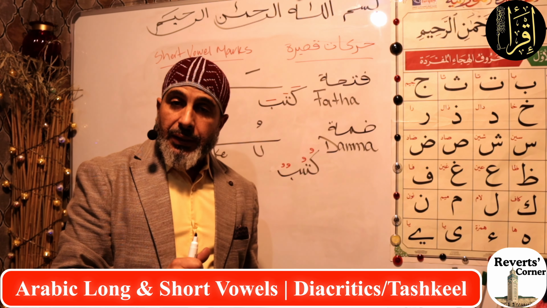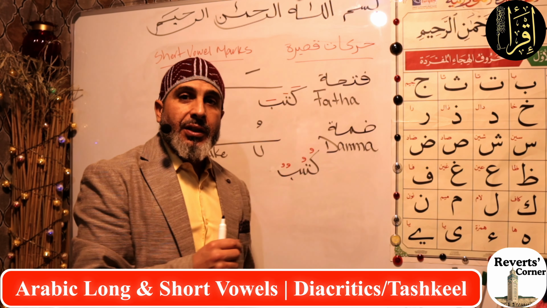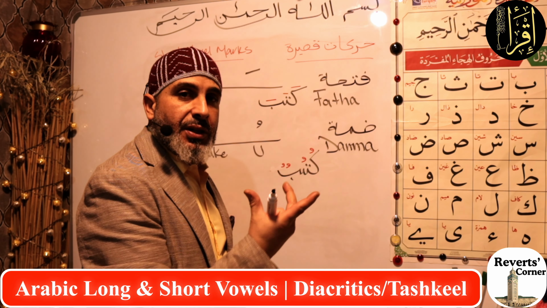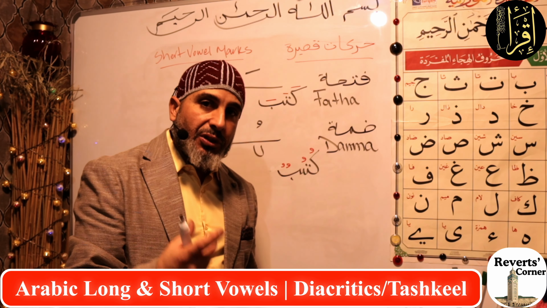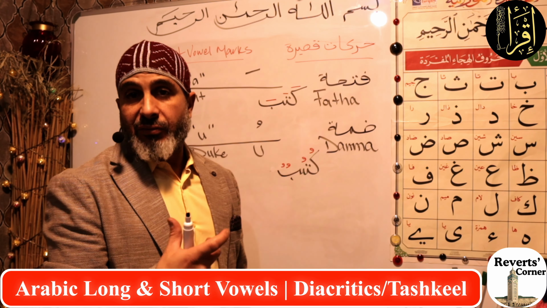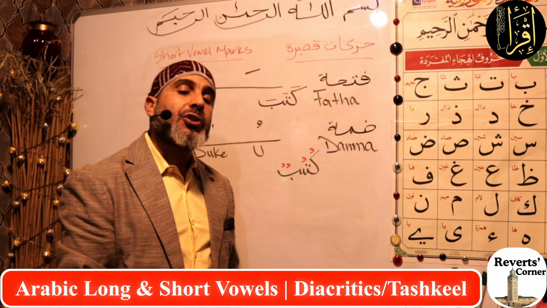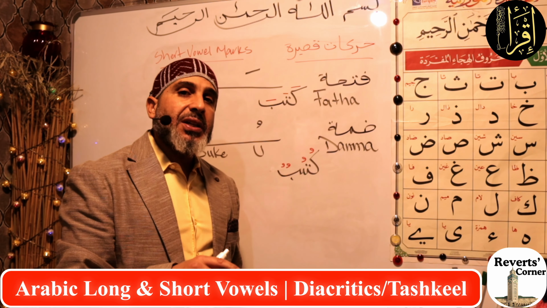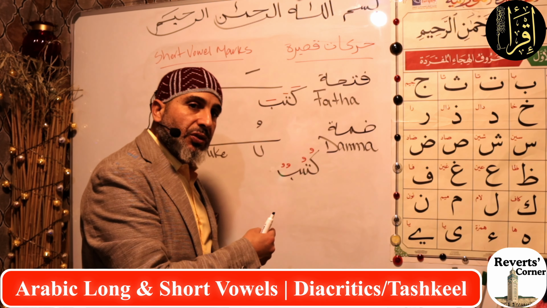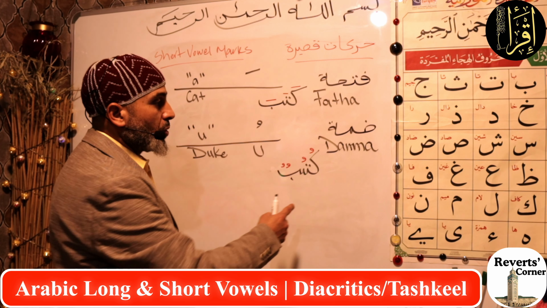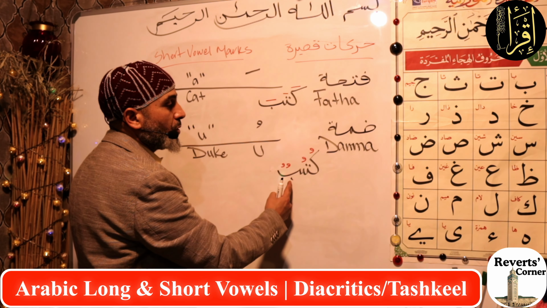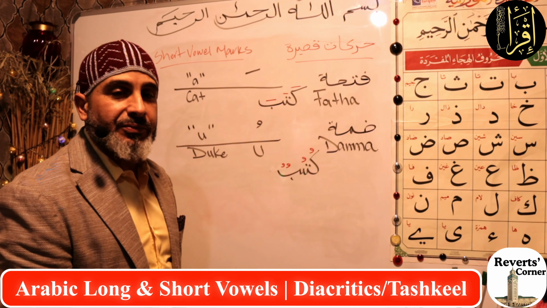The word Damma in this context means rounding, since it is the only rounded vowel in the vowel inventory of the Arabic language. When the Damma is placed above the letter, this is the sound we get. Ku, tu, bun.